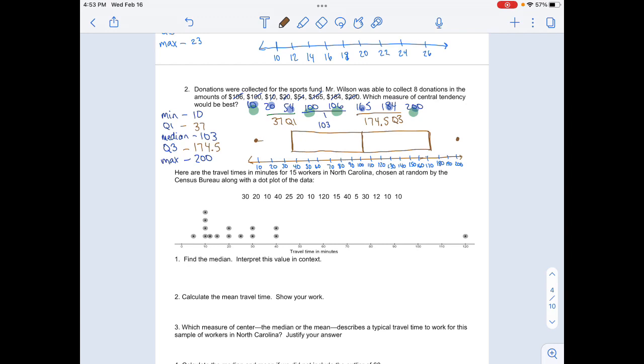Anyway, I finished drawing my box. I connect my whiskers, and then I have my box plot.